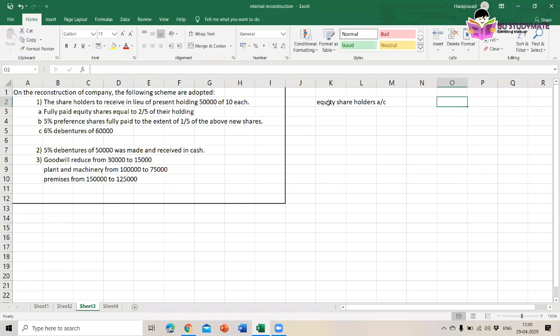To how much equity share amount do we have? We have 5 lakh rupees. 50,000 into 10. 50 into 10. 5 lakh rupees.